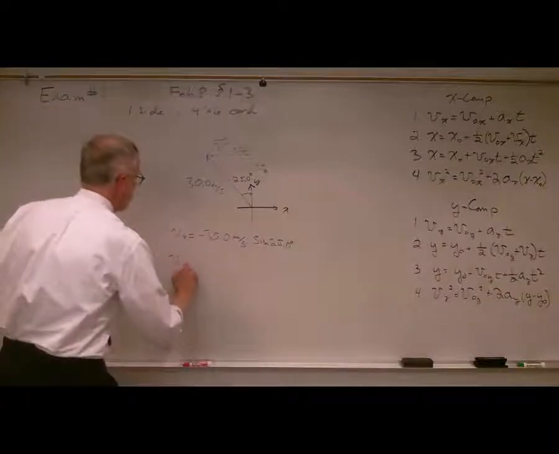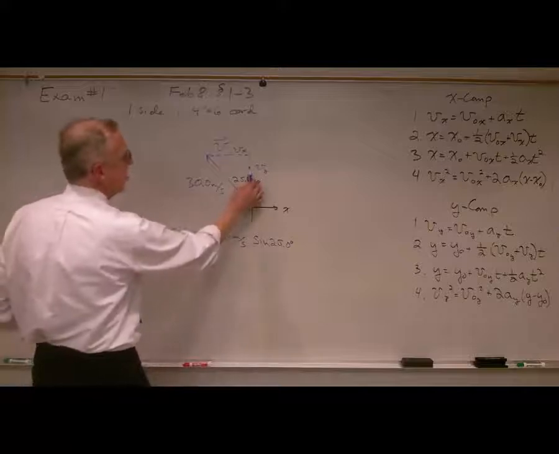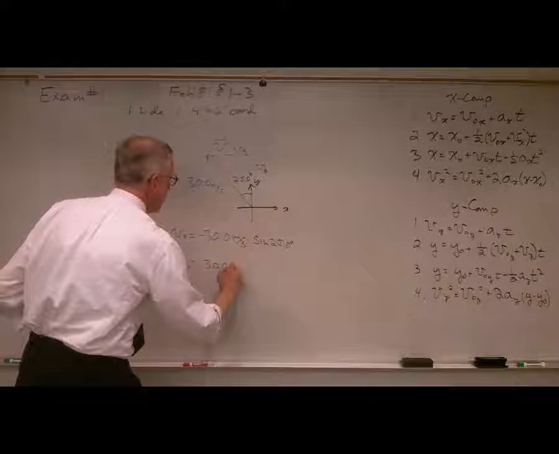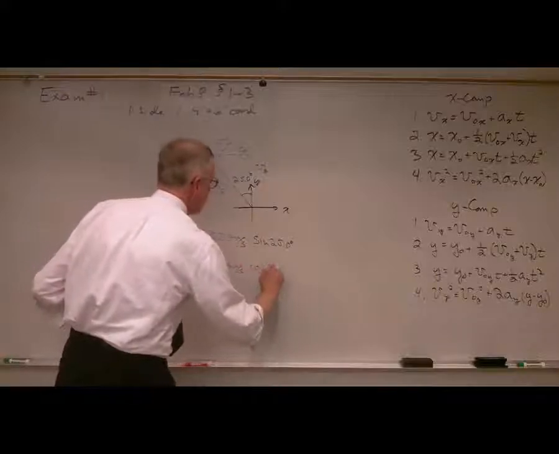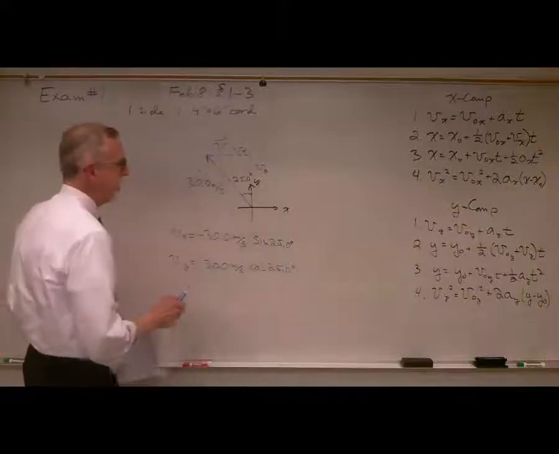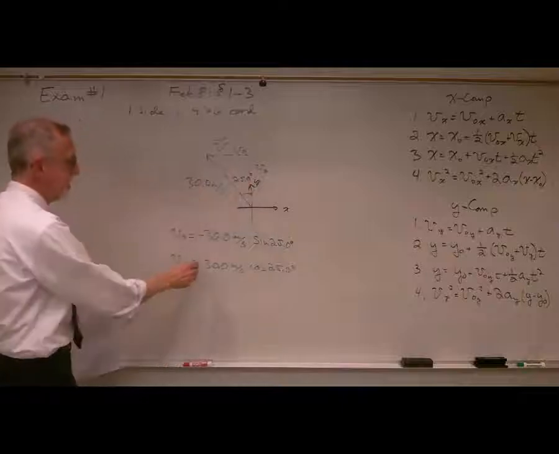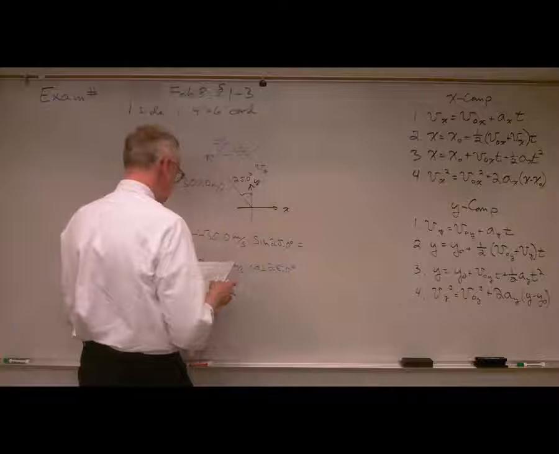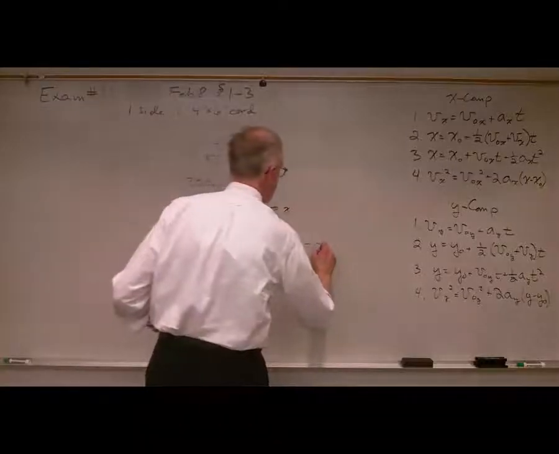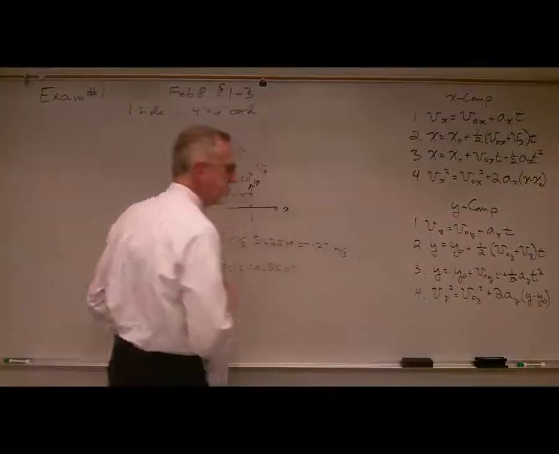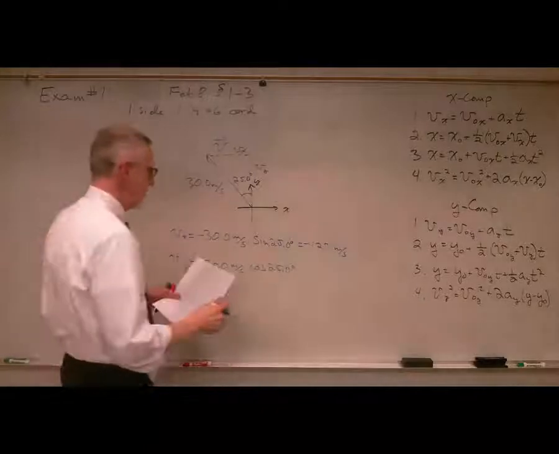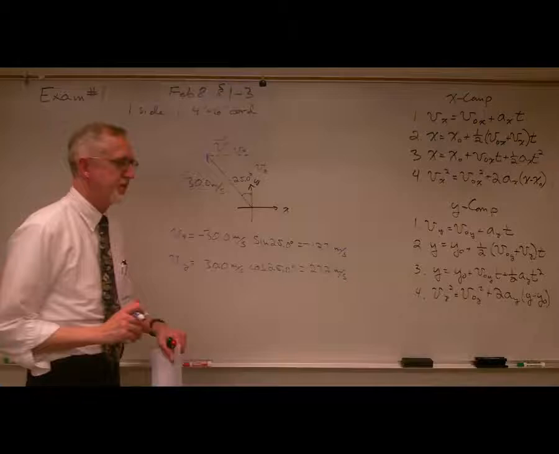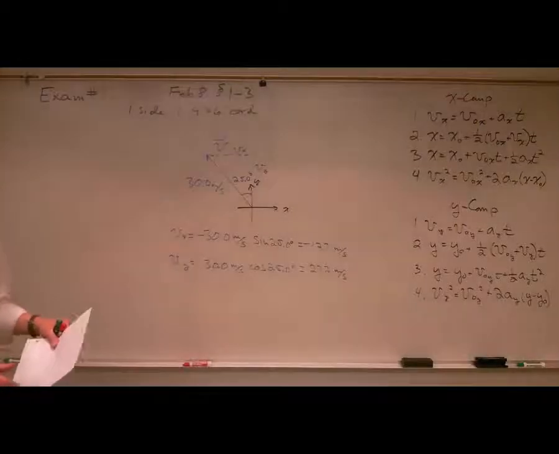The y component, Vy, is the adjacent side to the 25 degrees, so this is going to be 30 meters per second cosine 25 degrees. It is in the positive y direction, so that will be positive. We multiply this out, and what do we get? Something like negative 12.7 meters per second and 27.2 meters per second.